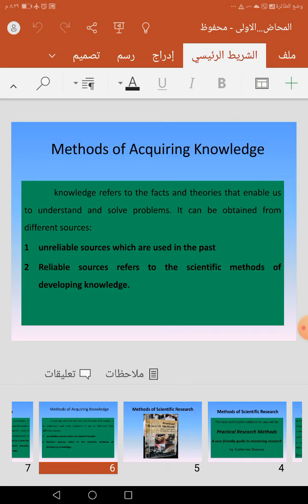We have unreliable sources. These unreliable sources, like in the past, come from myths, from ancient scholars and authorities, from traditions, for example from your relatives, أقرباء, or from poets, or personal experience, without critically evaluating them, without any comments on them, or without any conclusion about them.